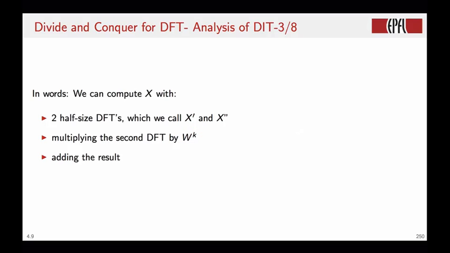Okay? So the first half will be X'_k plus W^k times X''_k, and this for indices over the first half.